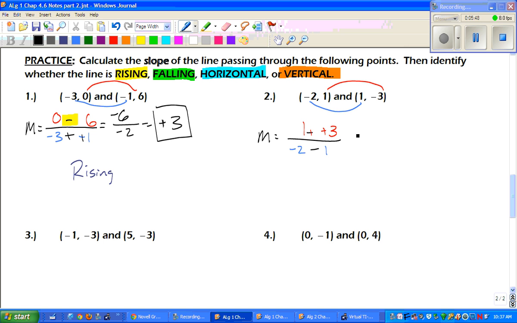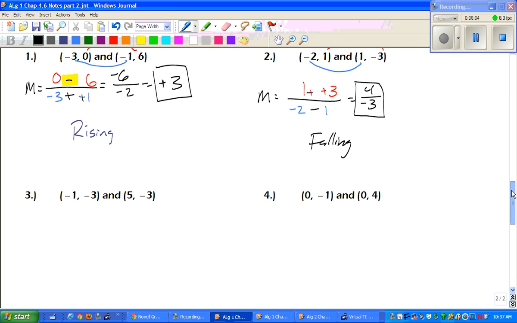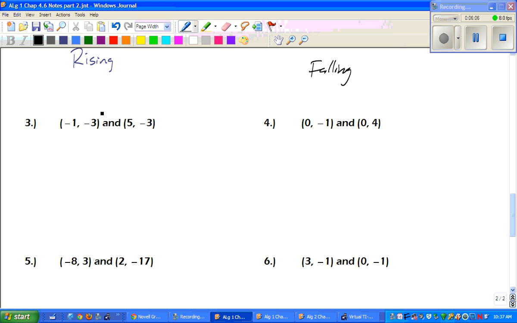Okay. The top gives us 4. The bottom gives us -3, so there's our slope. Now, since that's negative, that's going to be falling. All right, let's look at number 3. Remember what goes on the top and which ones go on the bottom.